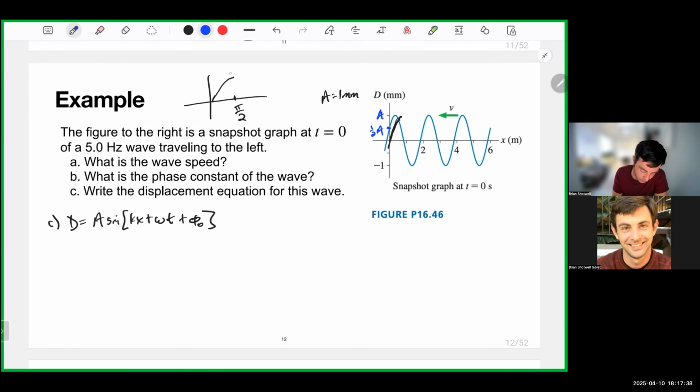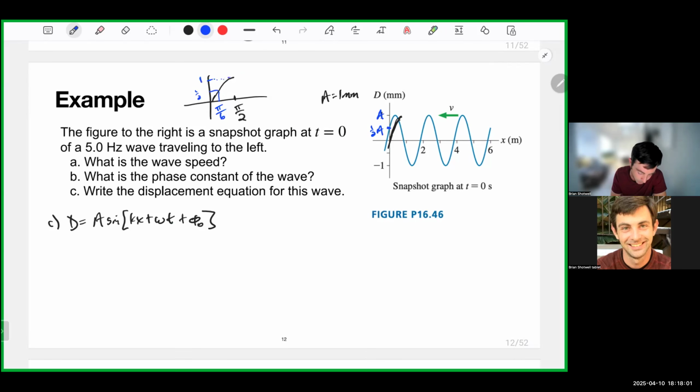So where does this graph have the value 1/2 A? It's not halfway, right? Halfway is like 1 over square root of 2 times the maximum amplitude. So the graph actually hits a maximum before that. If you remember, it's at 30 degrees or pi over 6 radians that you get 1/2.